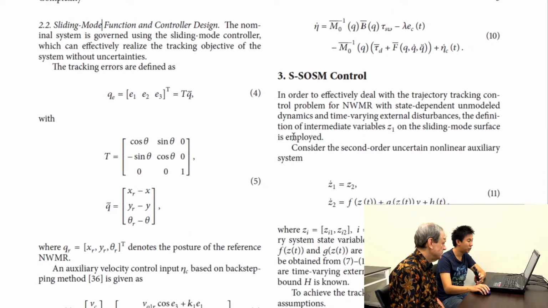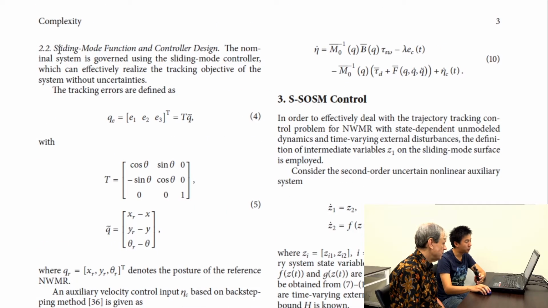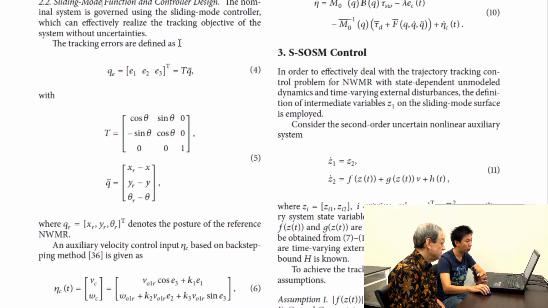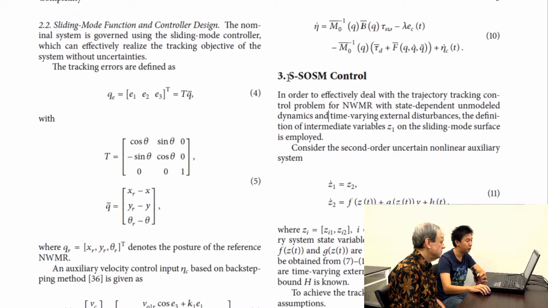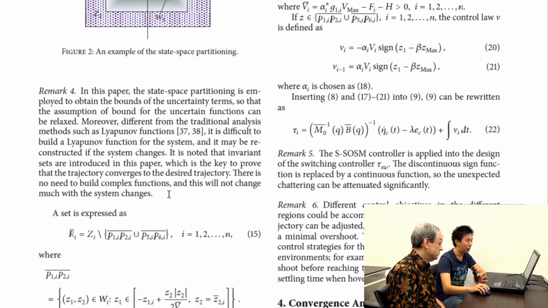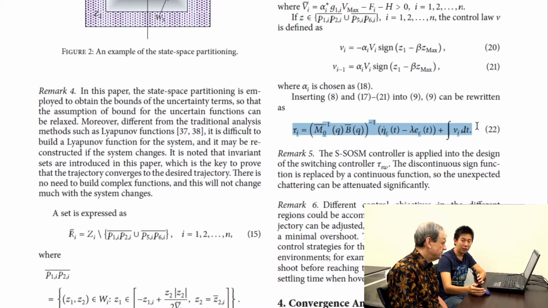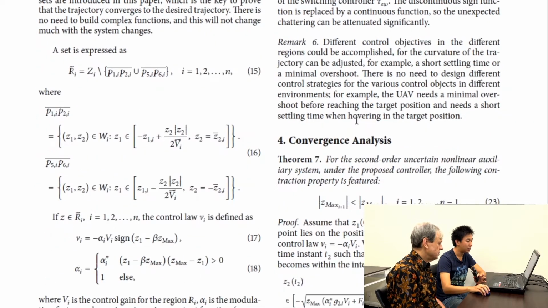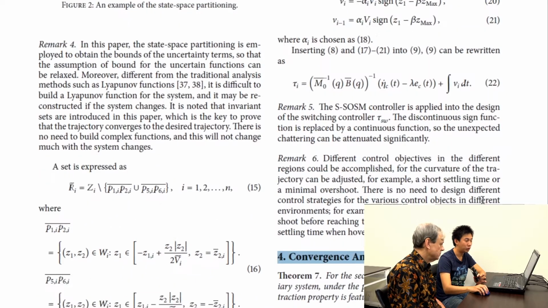Okay, in the middle section, after 2.2, there's section number 3, which is also research detail, but they talk about another method. But after that, they combine 2.2 and 3 together, and then they produce their own methods. Okay. And the next part is section number 4, a convergence analysis.